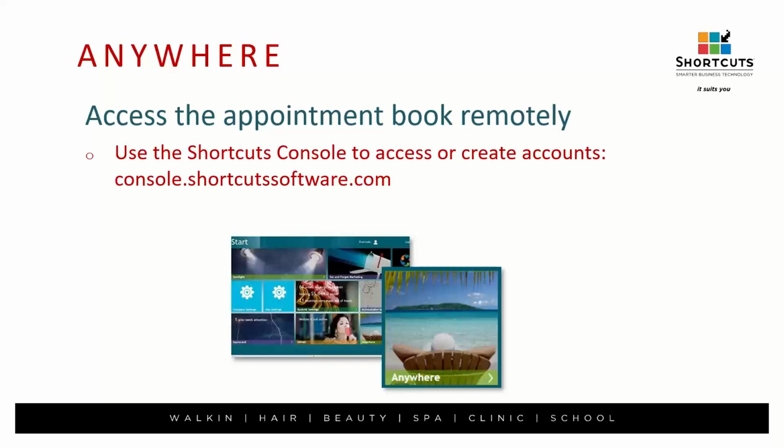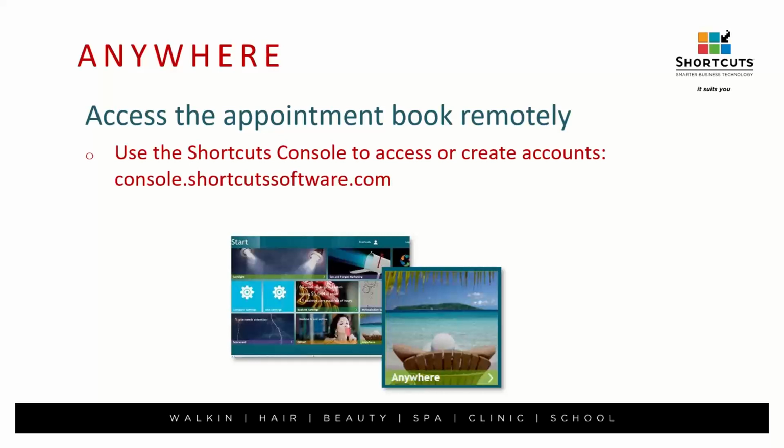If you're sending out Spotlight surveys, so taking a survey of the customers, this is where you go to review them, to read them, to reply to them. One of the options that you have in here is called Anywhere. Now, the console looks a little bit different if you're on a mobile device versus on a computer. Since we're streaming from a computer, we're going to be looking at the web, the regular computer browser version.